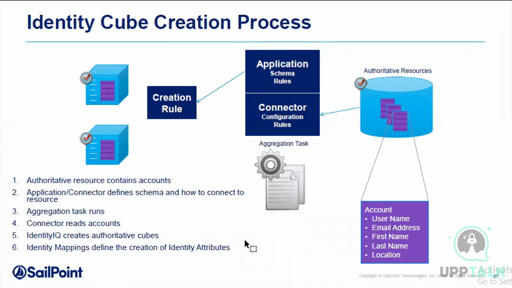The aggregation task runs, the connector reads the accounts, IdentityIQ creates authoritative identity cubes, and finally identity mappings define the creation of identity attributes. Identity attributes, you know, right? First name, last name, email. These are all termed identity attributes.